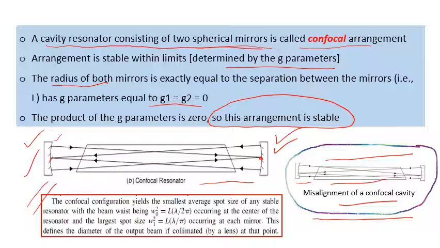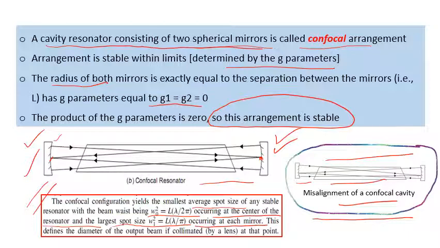The smallest average spot size of any stable resonator, with the beam waist, we already know, occurring at the center of the resonator, and largest spot size occurring at each mirror.